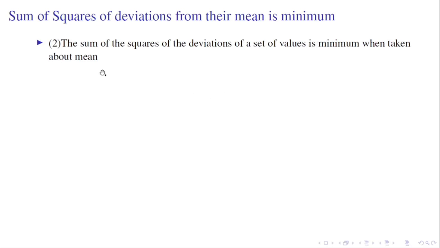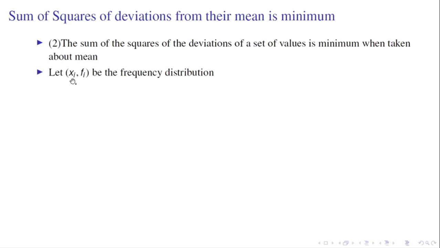Next property is sum of squares of deviations of a set of values is minimum. Sum of squares of observations taken from their mean is minimum.